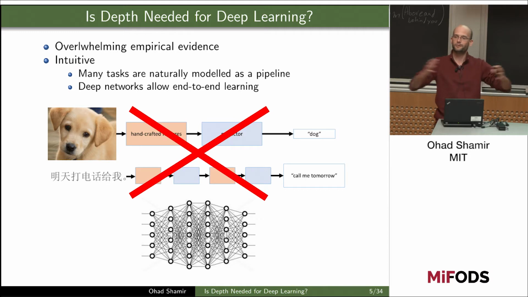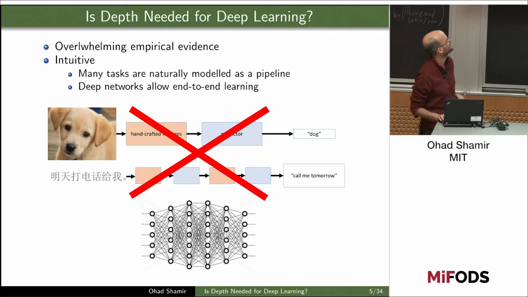Just take a big, large, deep neural network, and just let the network learn for itself how to do this pipelining. You don't really have to split the tasks yourself. But intuitively, to do that, you need some kind of depth to get this kind of pipeline behavior.